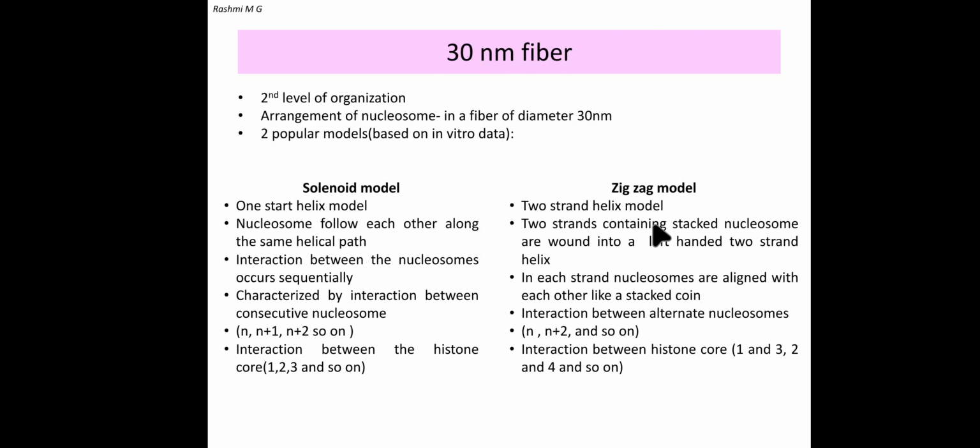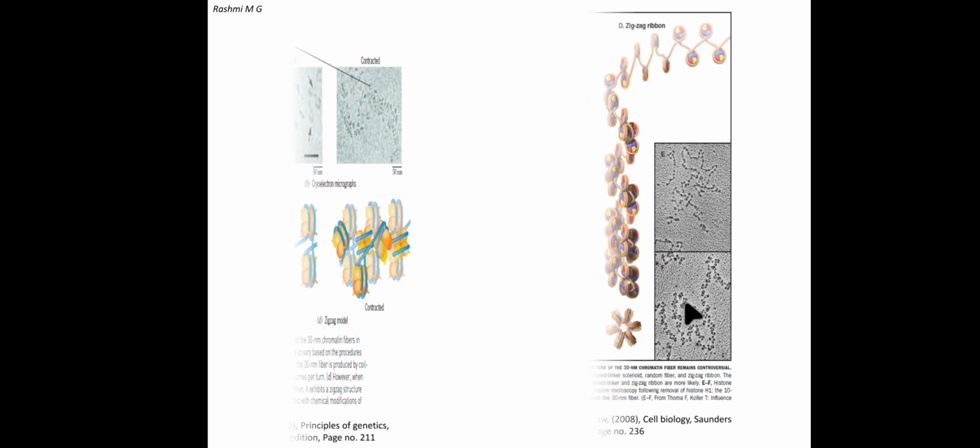Here the two strands containing stacked nucleosomes are wound into a left-handed two-strand helix. In each strand, nucleosomes are aligned with each other like stacked coins. When you stack coins one upon the other, that structure resembles the nucleosome structure. So there is interaction between alternate nucleosomes, that is n, n plus 2, n plus 4 and so on.